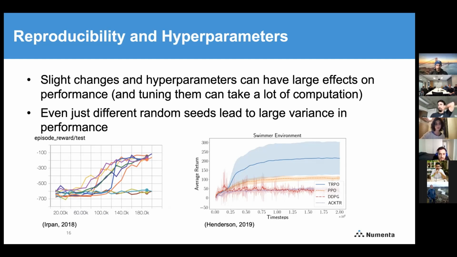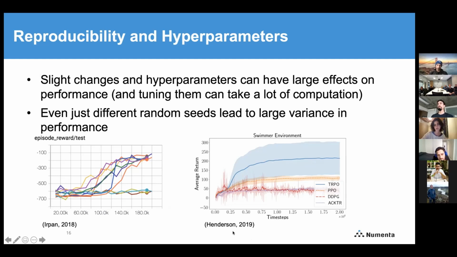And then even just a little difference in the random seeds gives very large variance. So here on the left, this is from a blog post where he ran 10 runs of the same parameters, everything the same except for the random seed, and 3 of them never got off the ground. And the others still have some variance in here.